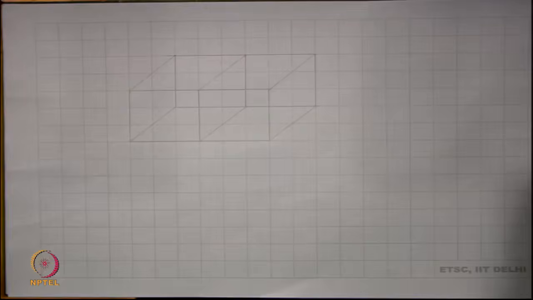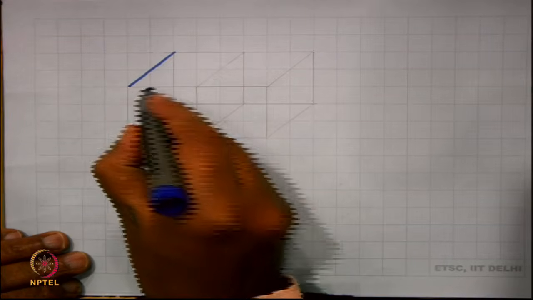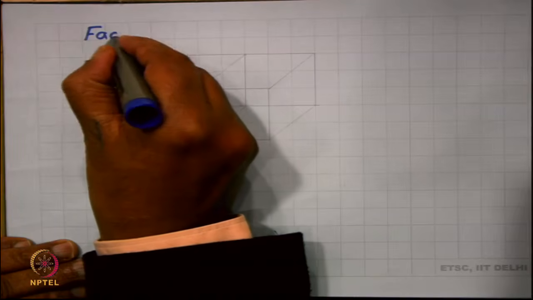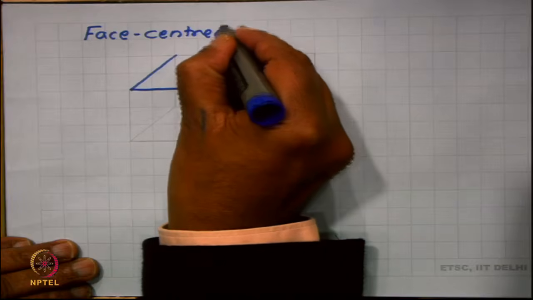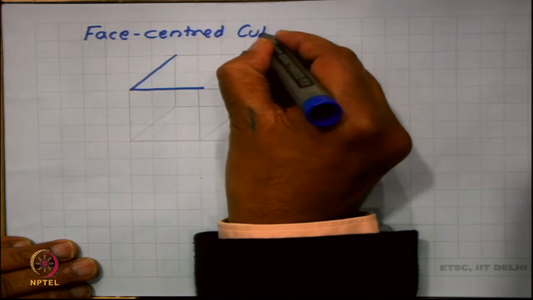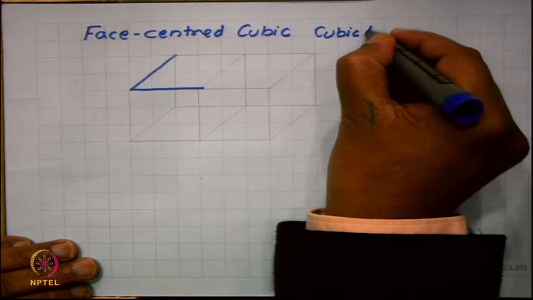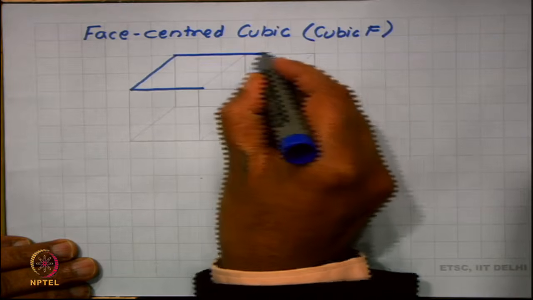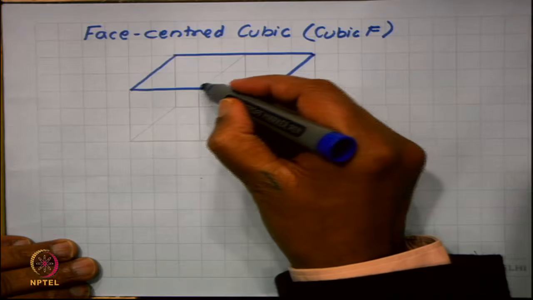Let us look at the face centered cubic lattice. So, we are now looking at face centered cubic, or cubic F. And I am again drawing two unit cells side by side.